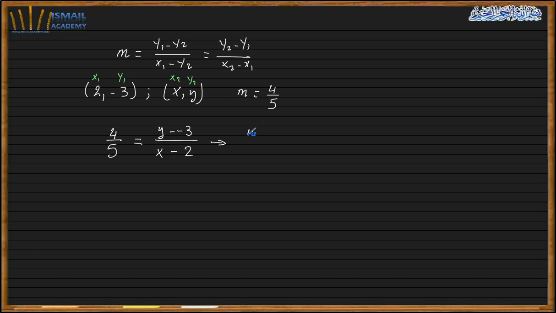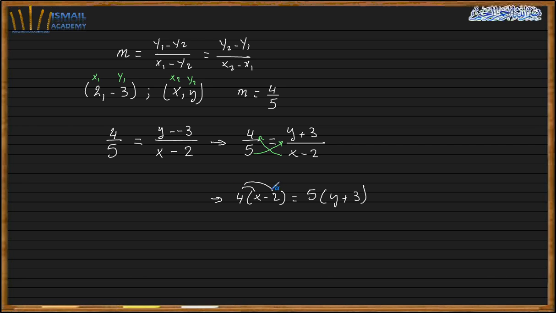So 4 over 5 is equal to y plus 3 over x minus 2. Now we have a proportion, so we cross multiply. At the end I will have 4 times (x minus 2) equal 5 times (y plus 3).